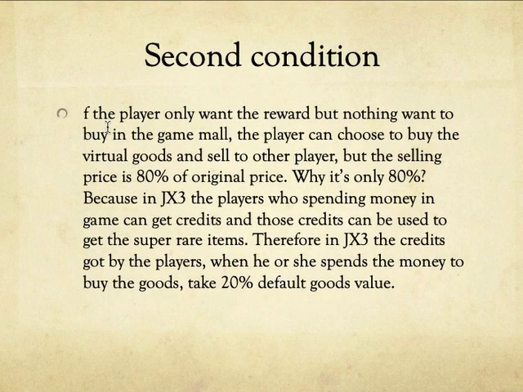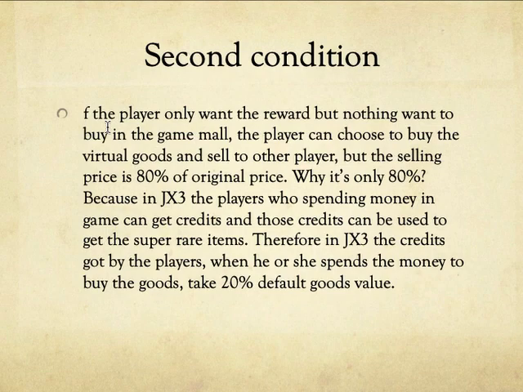So next is the second question. Here we assume the player only wants the reward but doesn't want to buy anything more in the game. So the player can choose to buy the virtual goods, and he can also sell them, but the selling price is only 80% of the original. Because JS3 has a credit system for spending money in the game.